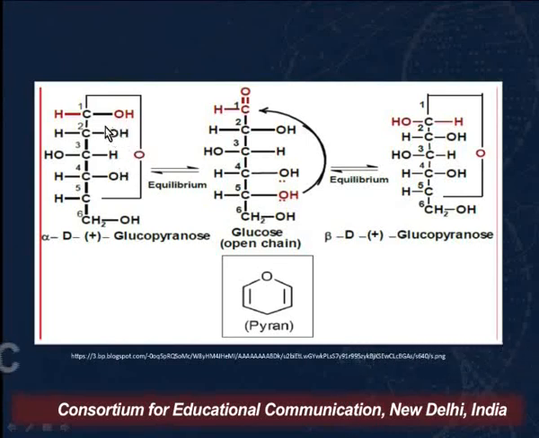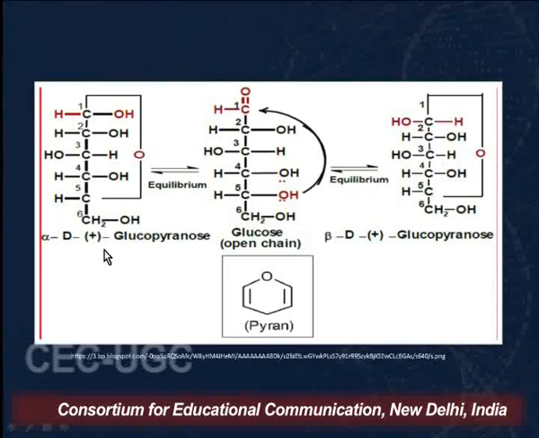What you have to remember when looking at the Fischer structure is that this carbon is the aldehydic carbon which has been converted into a stereogenic center. In this case, if the OH is on the right hand side, inside the ring, then this is the alpha form. And if the OH is written on the left hand side, outside the ring, that means it is the beta form.